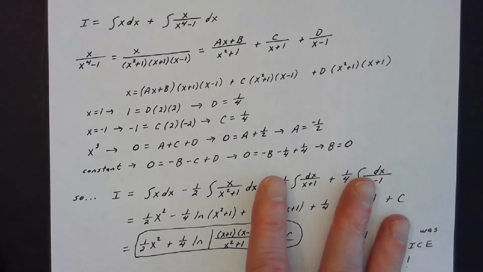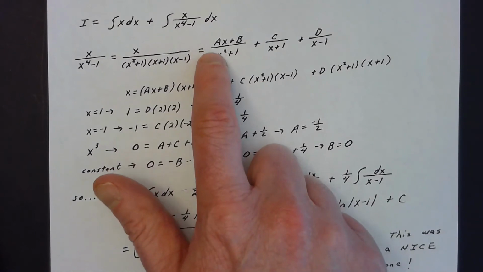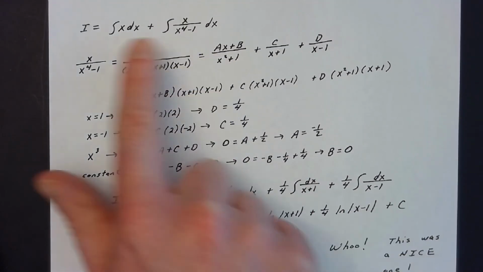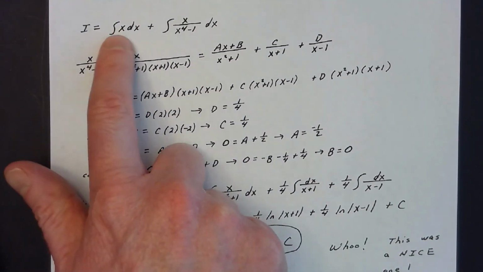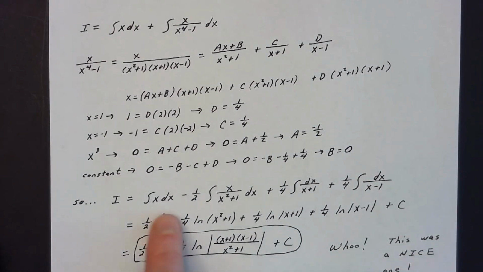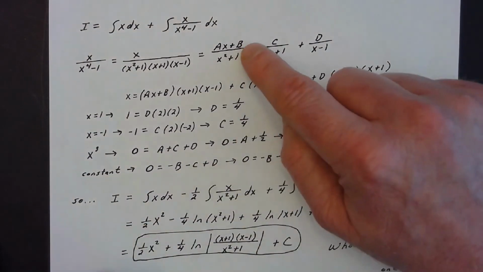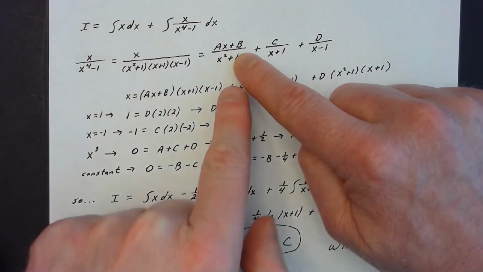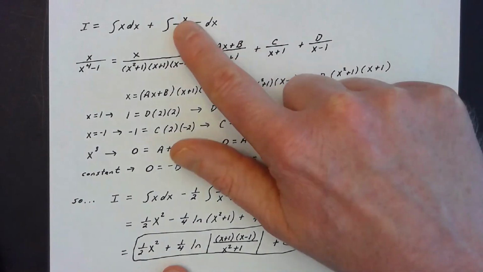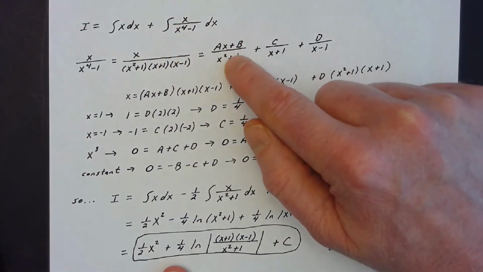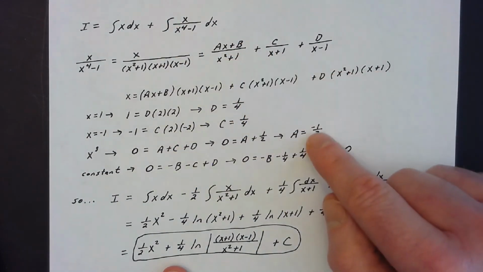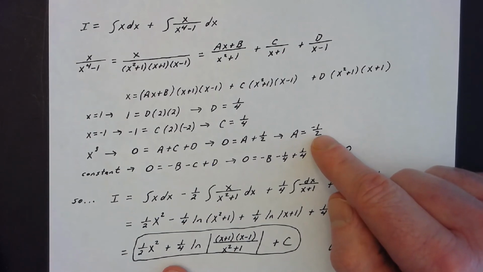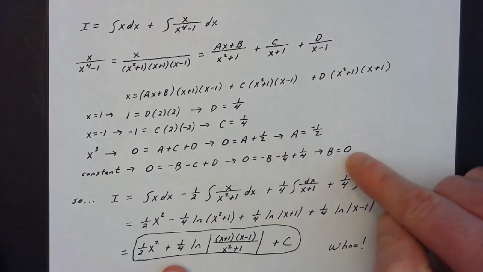So now, when I go back to my problem, I can say this original integrand, we already know that the first one's easy to integrate, the integral of x dx, that's just going to be my 1/2 x squared. But the rest of this, I had to break apart with the partial fractions. The first partial fraction I know is going to be plus the integral of ax plus b over x squared plus 1. So that gives me negative 1/2 x plus 0.